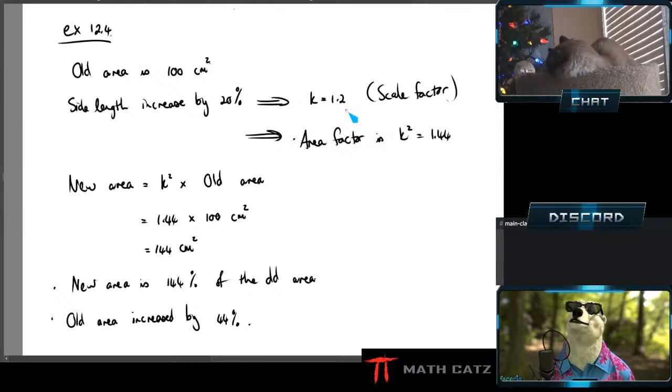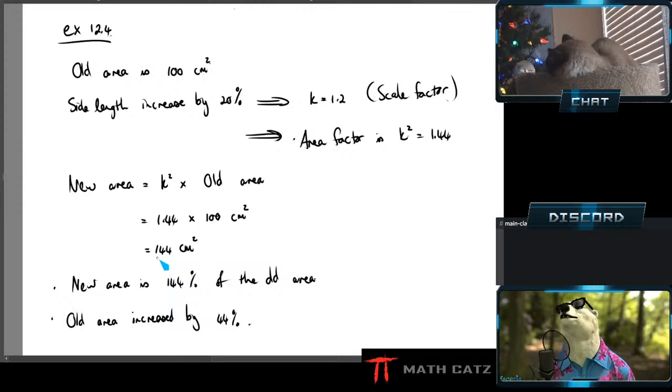I can easily calculate that as 1.44. So now I know how the area changes. I just have to calculate the new area. The new area is its factor, k squared, times the old area, which in this case is 1.44 times the old area, 100 square centimeters, and I get 144 square centimeters.